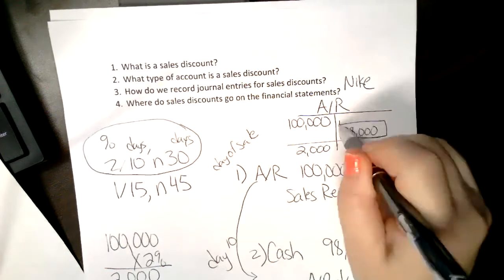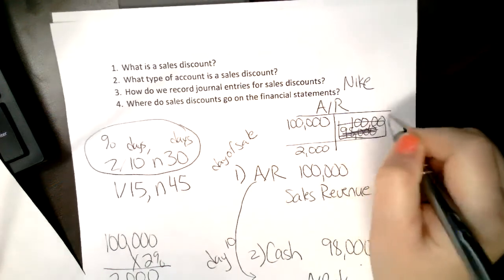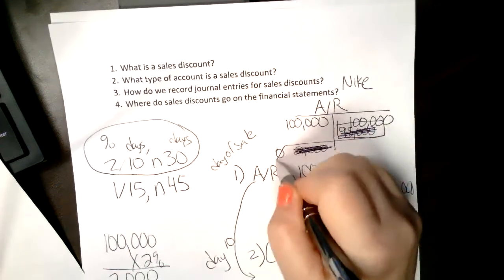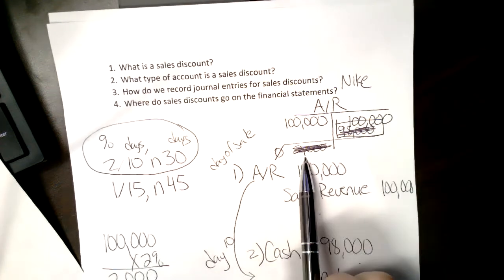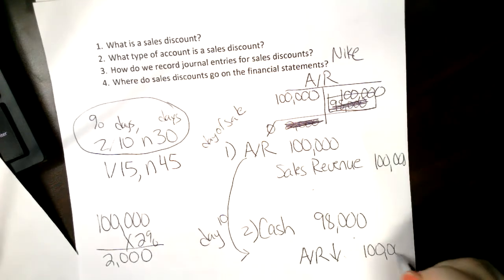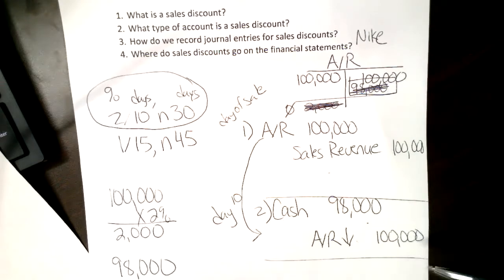So right here, this entry needs to be a credit for $100,000 in order to show on Nike's books that Academy does not owe us anything now. So over here, our AR needs to be a credit for $100,000. But now look at that journal entry.